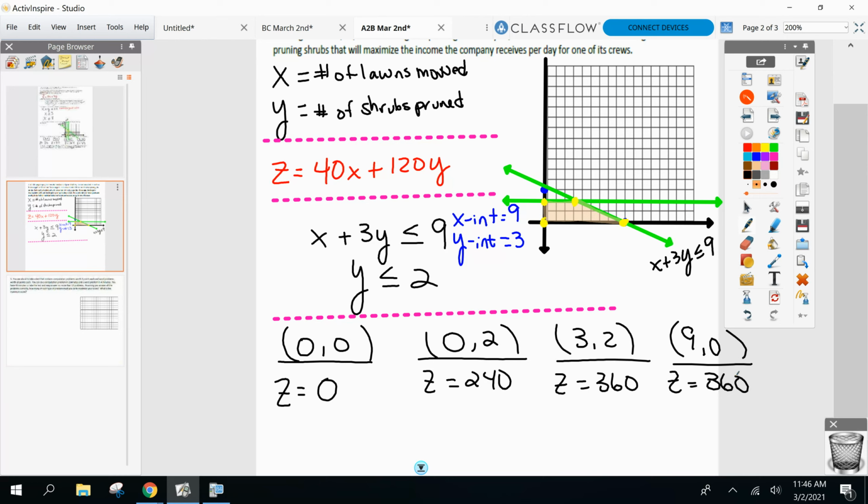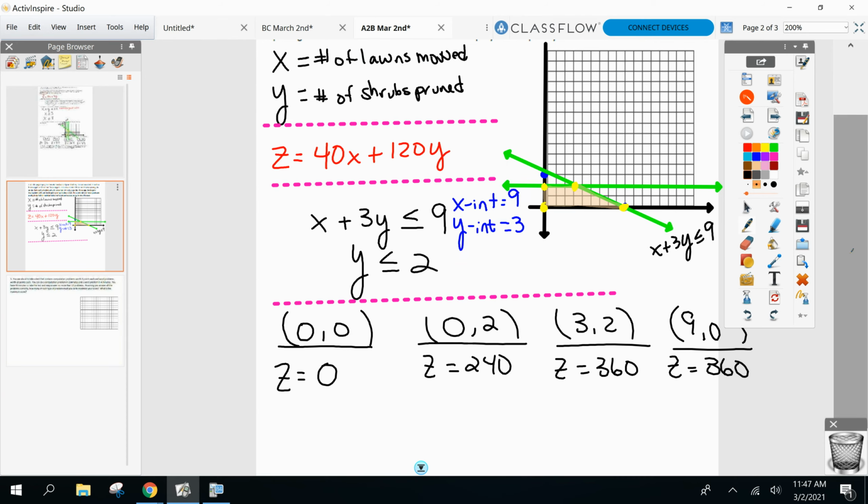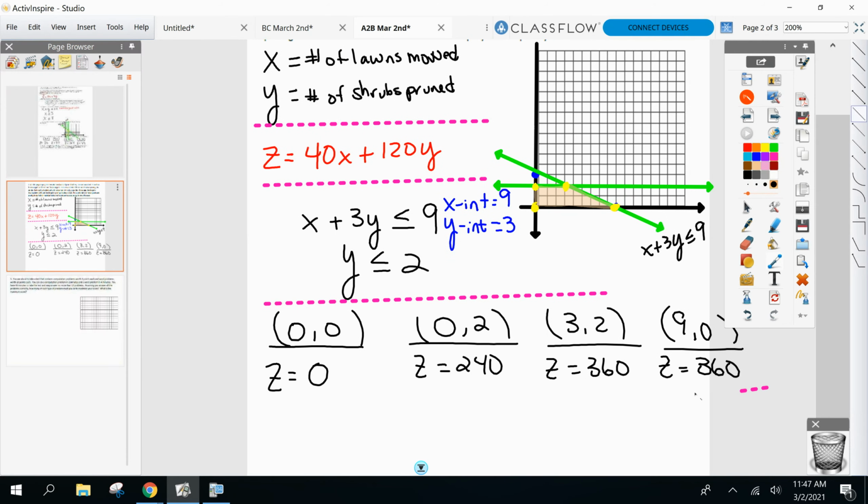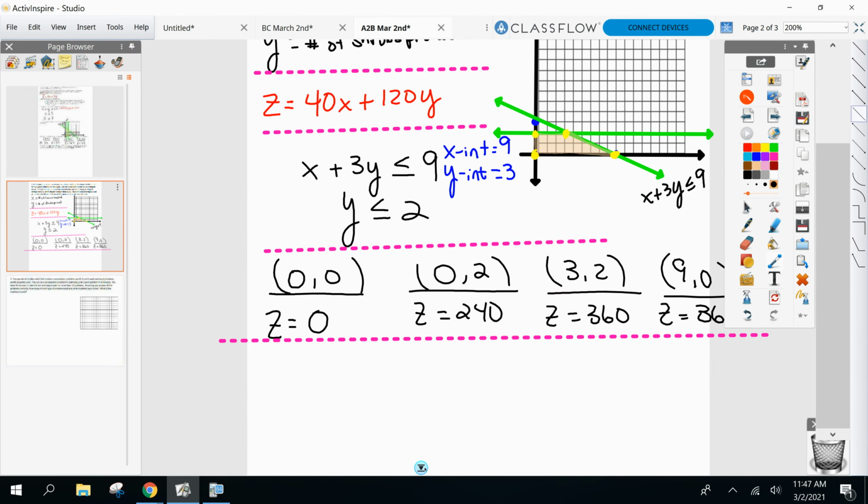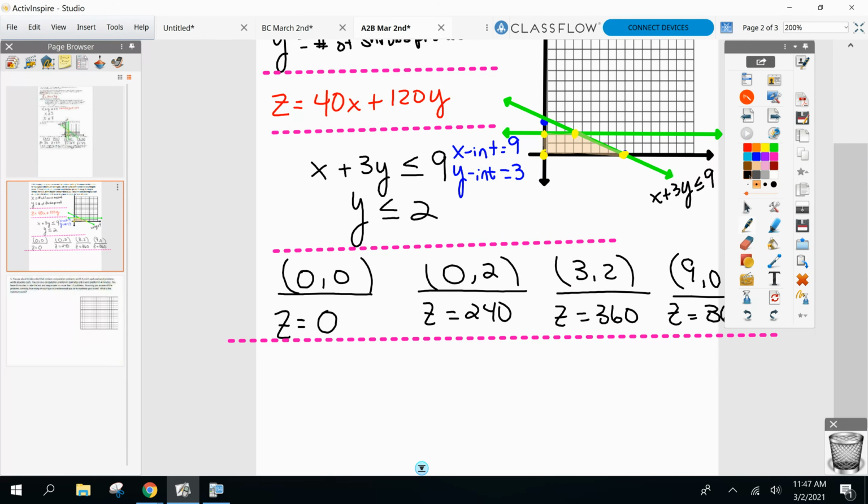All right, so that's how much money I can make. And as you guys see, there are 2 ways I can make a maximum amount. Now, I don't have blanks here for you guys to fill in. So you guys got to be taking some of your English skills and write a nice little sentence that says the max amount I can make is $360 if, and you have to tell me the combination using mowing and pruning.